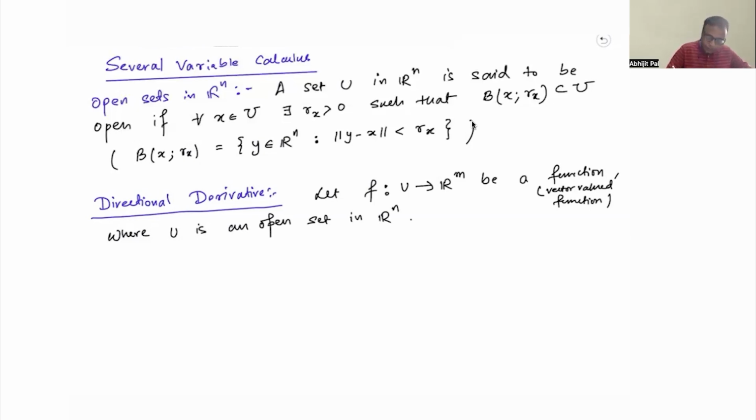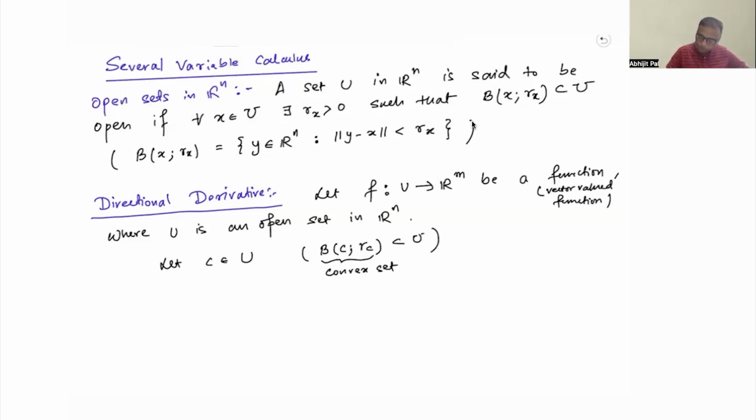Now let us take a point c belonging to U. Since U is an open set, I can get hold of a ball of radius Rc around c such that the whole ball is contained in U. In fact it is a convex set, meaning that if I take any two points in this set, the line joining these two points is contained in this ball.